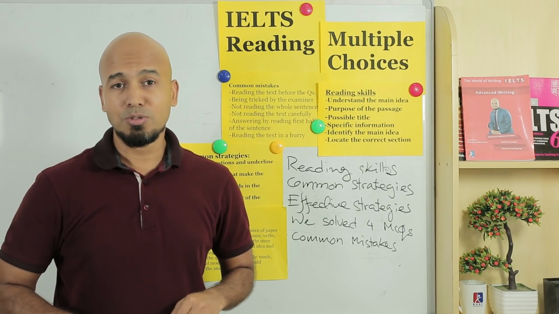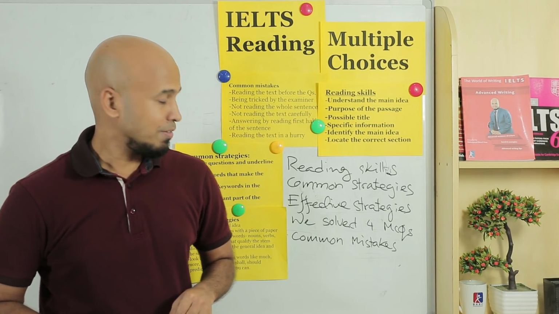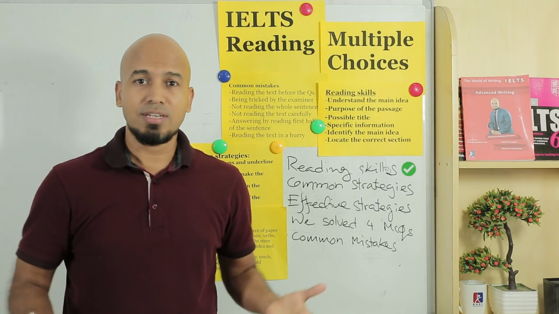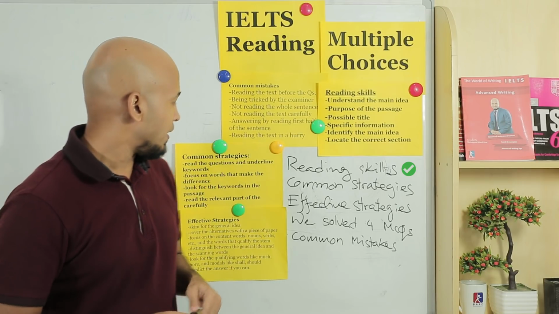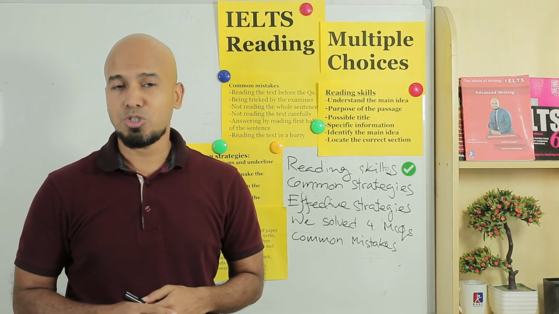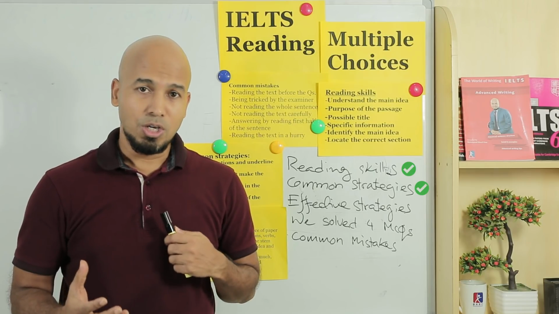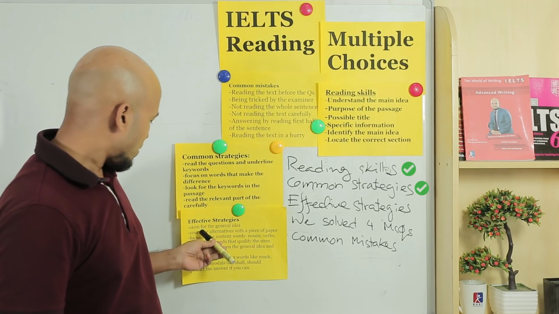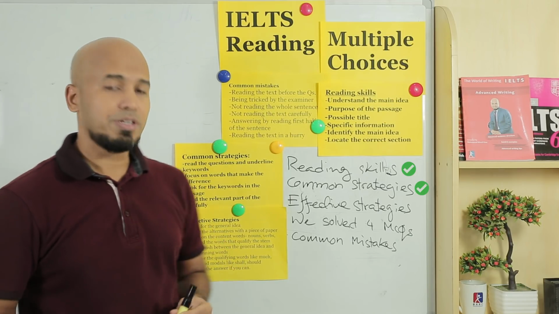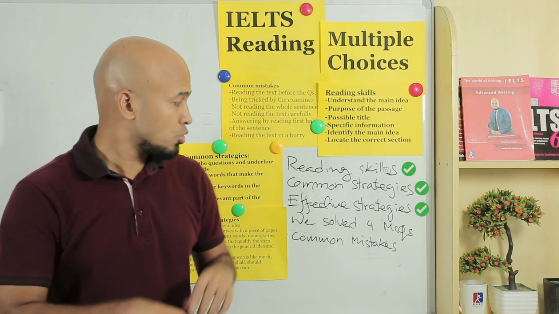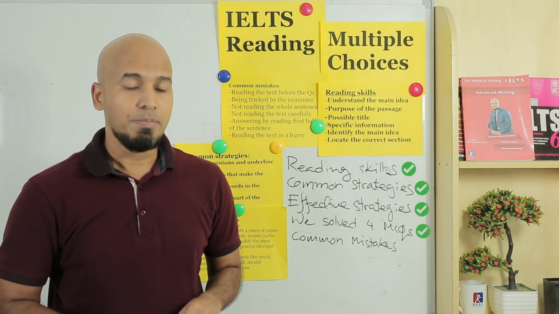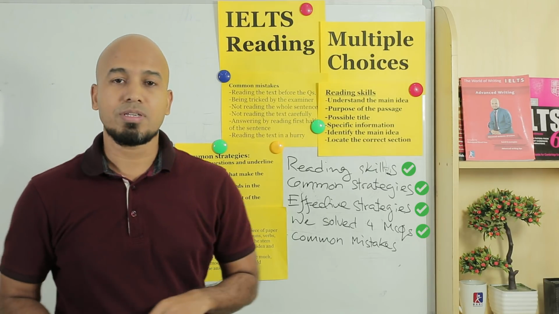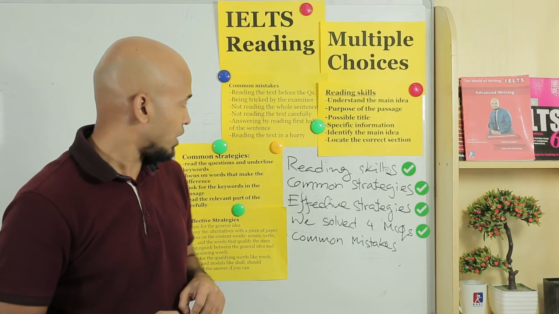So we are almost at the end of the session. Today we have learned the reading skills we require for solving the MCQ, and we have also learned the common strategies. Those are available on YouTube and on many websites, but we tried to follow some effective strategies, and we solved 4 multiple choice questions by following the very effective steps and strategies.